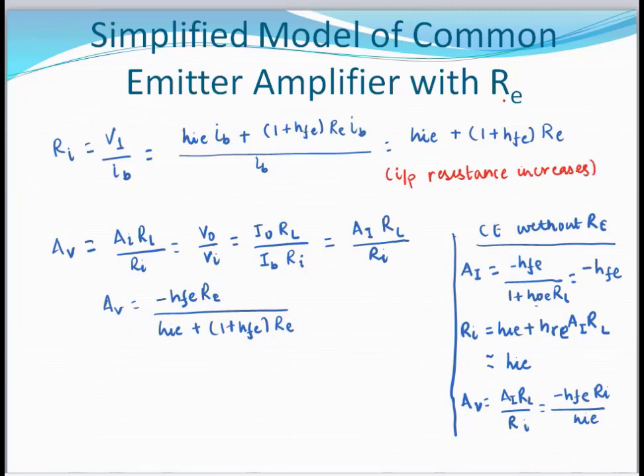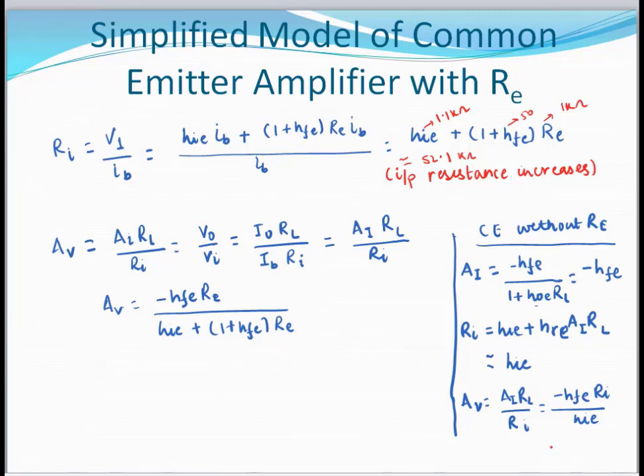So when we use RE in the common emitter amplifier, the input resistance increases. How many times is it increasing? If you take the typical value around 50 and RE as 1 kilo ohm, then it will come around 52.1 kilo ohm.